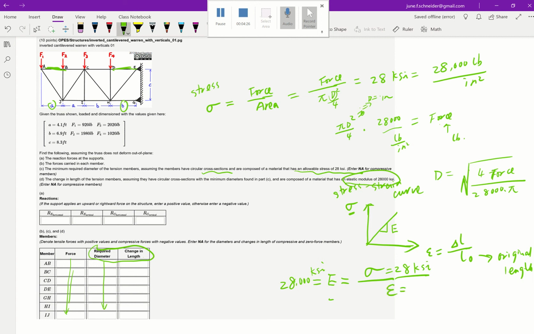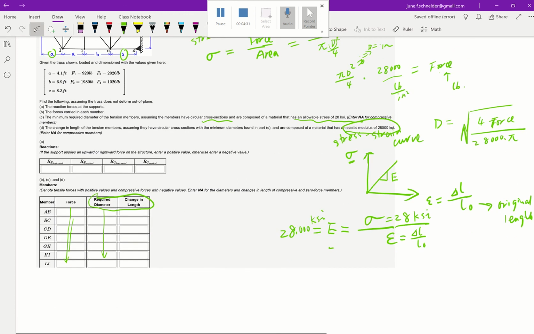And we know the strain is the changing length over the original length. So if we're trying to solve for delta L, because that's the only variable, that's not too bad, right? Delta L over L naught, the original length, times 28,000, the elastic modulus, is going to equal my stress, 28 ksi.